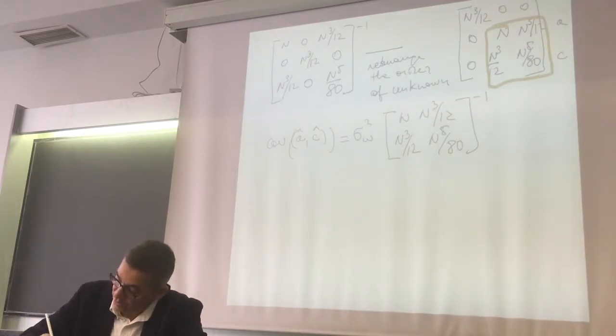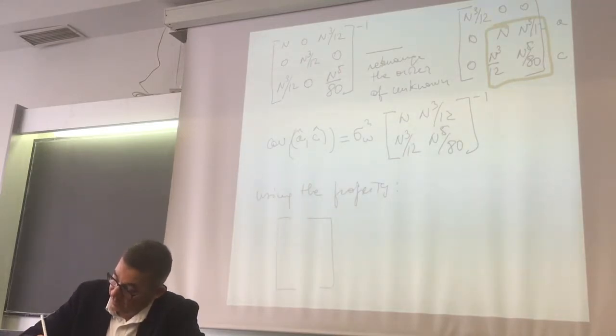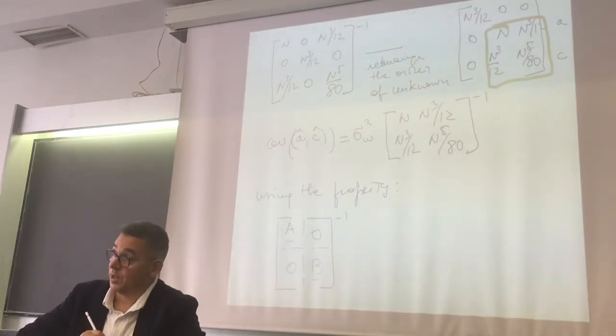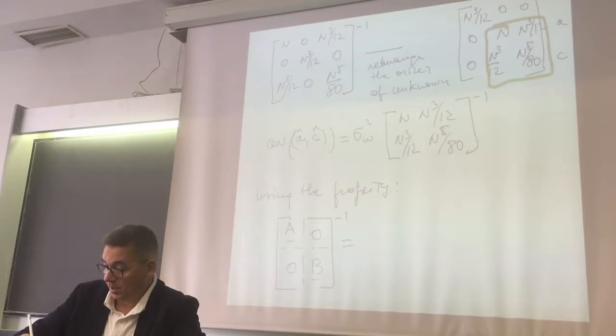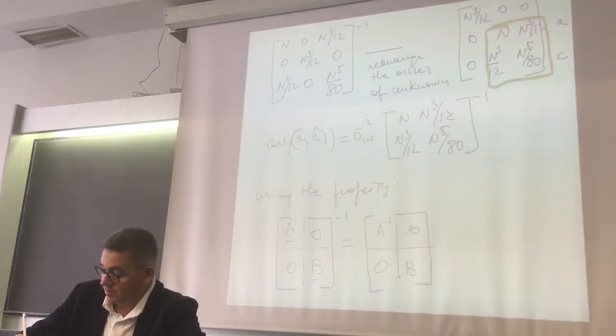This is because, using the property that if I have a matrix A, 0, 0, B, to compute the inverse for that, this is equivalent to making the inverse of the single blocks: A to the minus 1, 0, 0, and B to the minus 1.